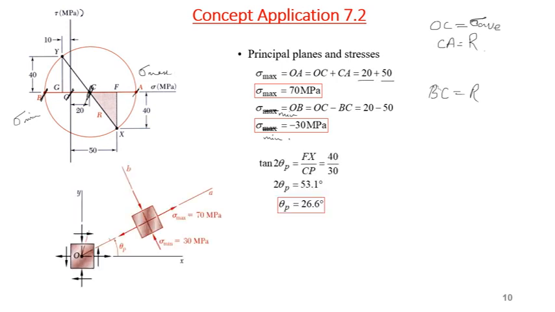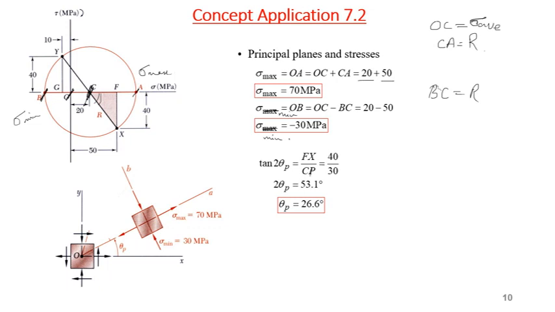Now, to find the angle, I am interested in finding this angle. So this is tan 2 theta p. That is simply equal to, sorry, tan 2 theta p will be equal to FX divided by CF, not CP.